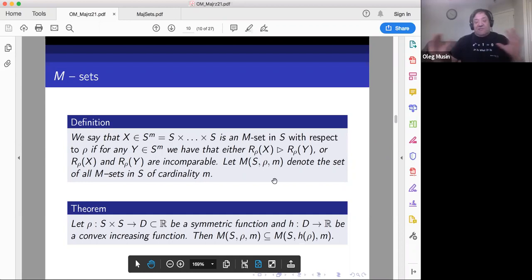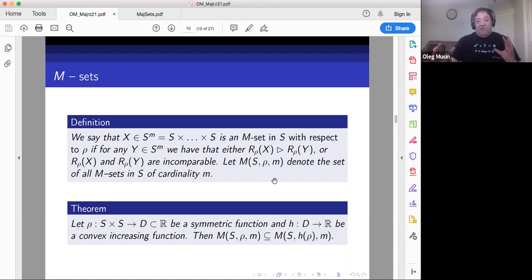So for a given rho, we can define other functions, just H of rho, the composition of H and rho, and after that we can also consider M sets.